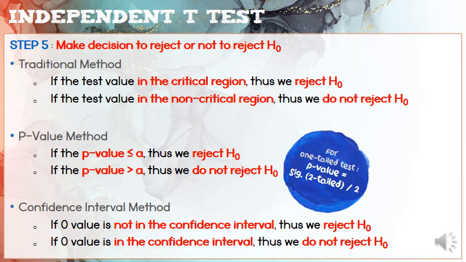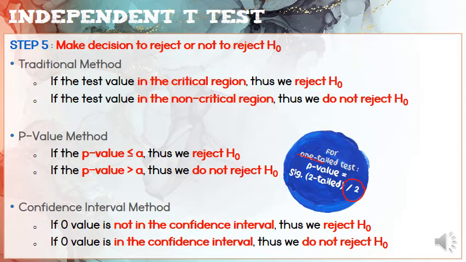But if the value is greater than alpha, we do not reject our H0. Please keep in mind that the p-value given in your output is a two-tailed test punya p-value. So if you are doing a one-tailed test, please divide the p-value given by 2.